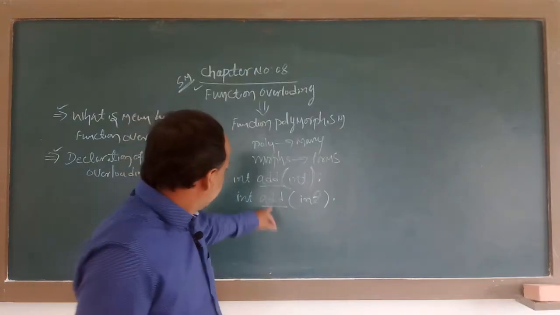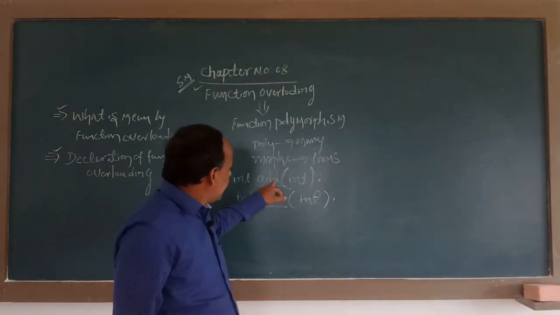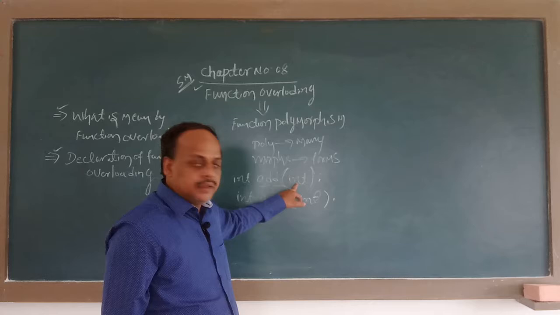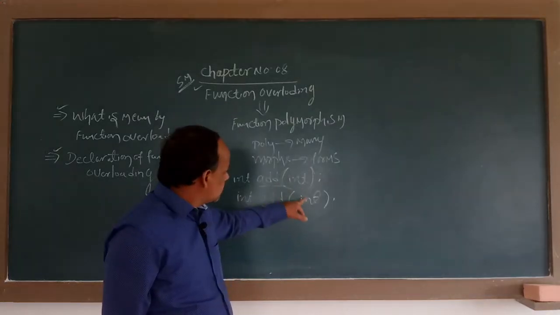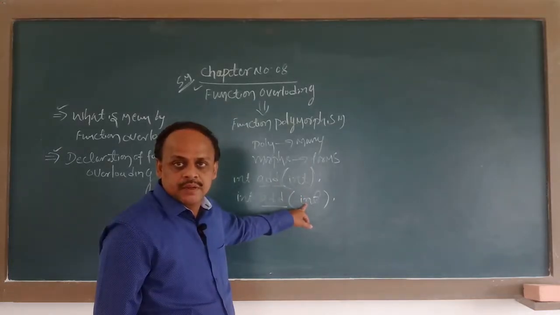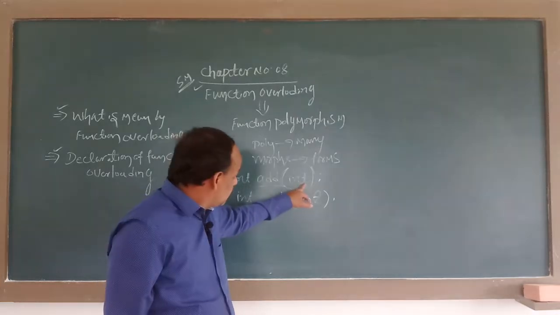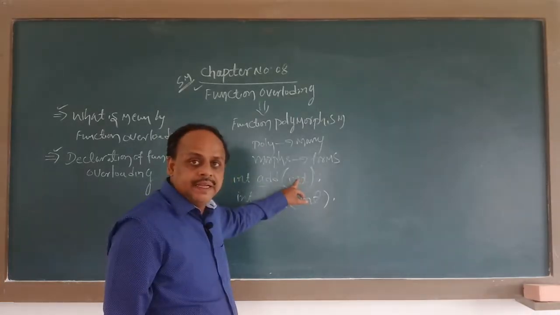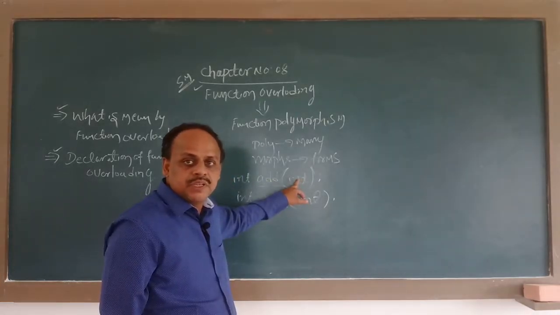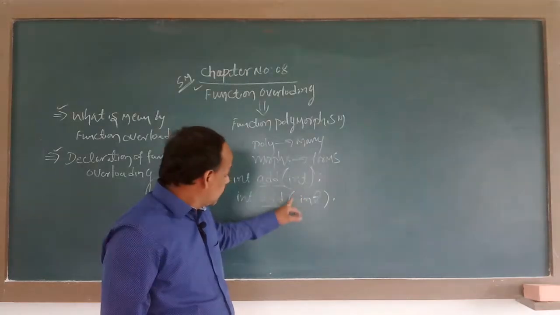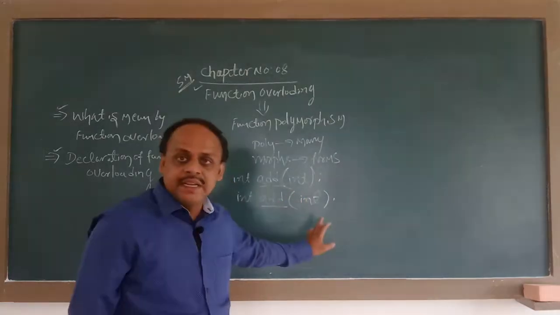For example, see here, this add function contains one parameter, and this second add function also contains one parameter. These parameters are of int. The first parameter of the first function is integer, and the first parameter of the second function is also integer.